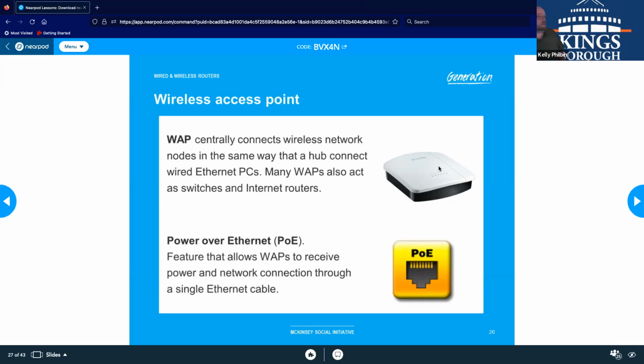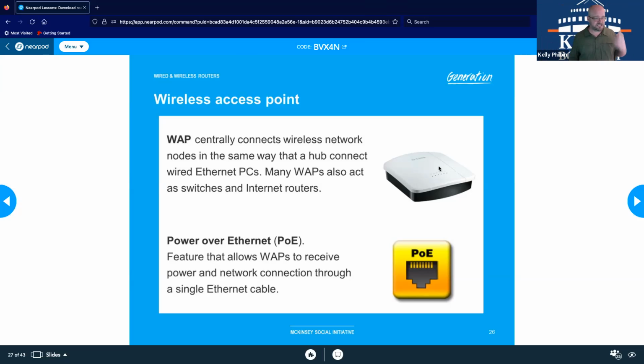All right. Now, if we're installing a bunch of these WAPs into the ceiling, they all need power. And we don't want to run a power line to every single spot that we have one of these. That gets really annoying. There's all sorts of regulations you have to deal with. It's pretty aggravating. So they invented something kind of neat: PoE, or Power over Ethernet.